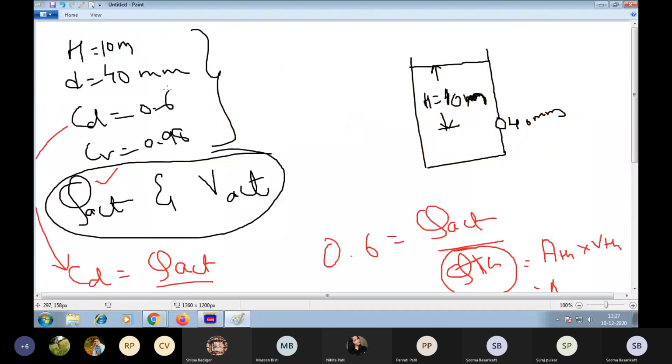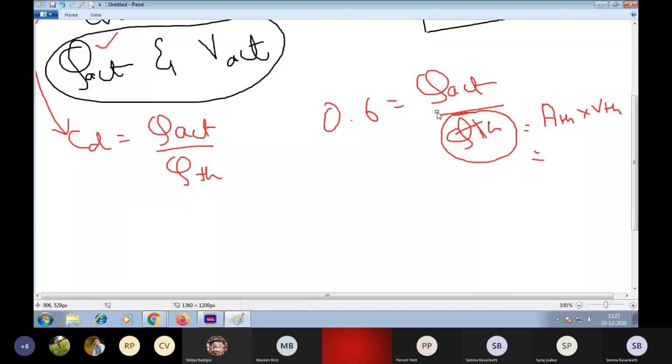It is pi by 4 into d squared. If the diameter is 40 mm, in terms of meter, how much will it be? 0.04 meter. So that will give you the area. Calculate and tell me the theoretical area for this.